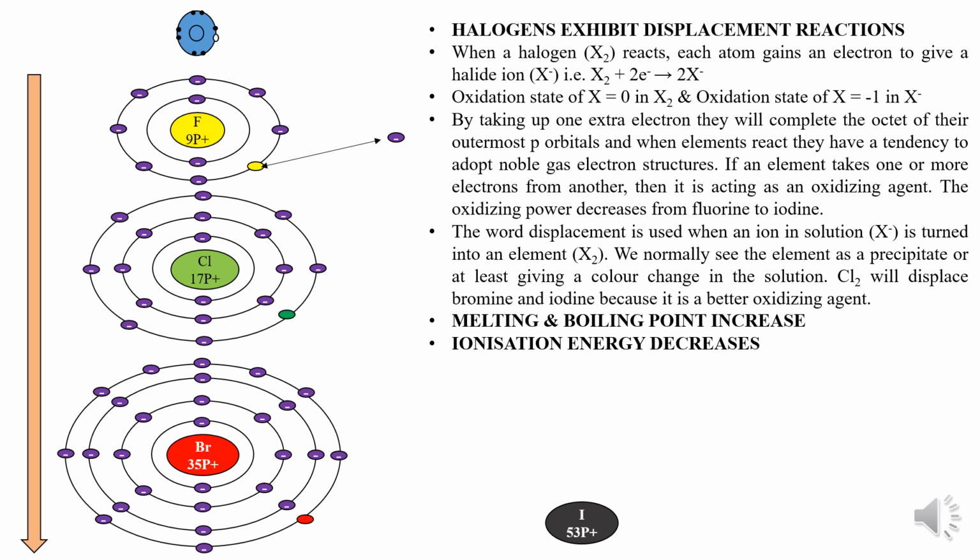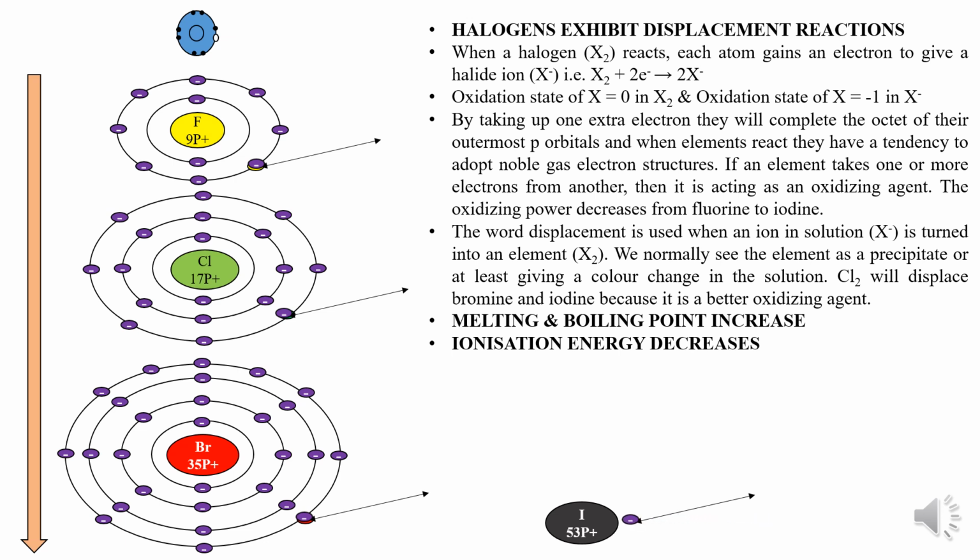During a displacement reaction, the halogen tends to gain an electron. So fluorine gains an electron. It completes the octet. Similarly, chlorine gains an electron. Bromine gains an electron. And iodine also gains an electron.